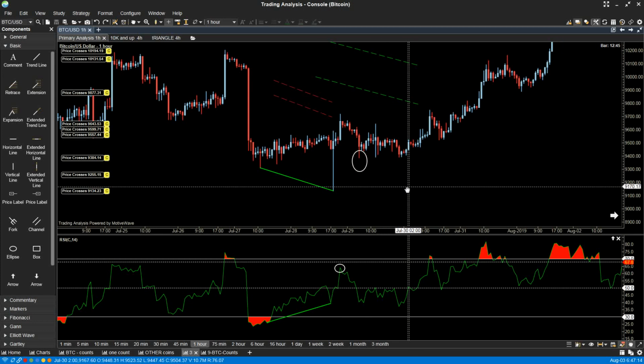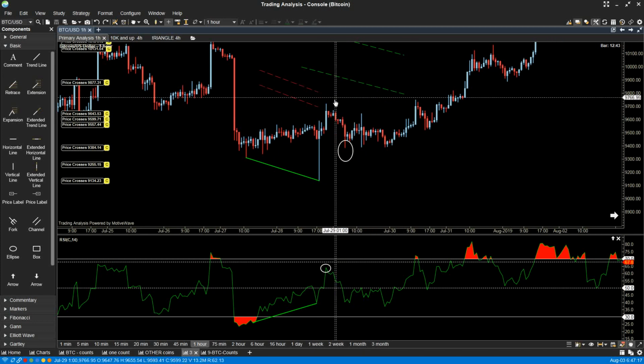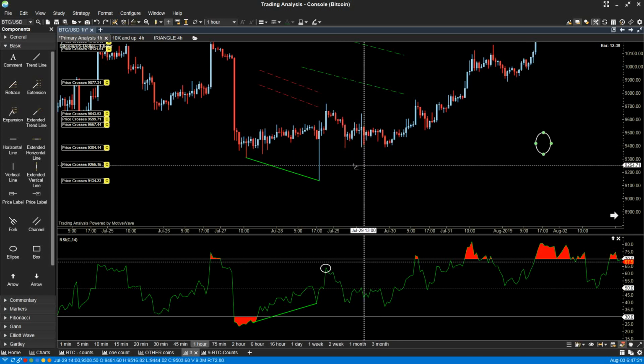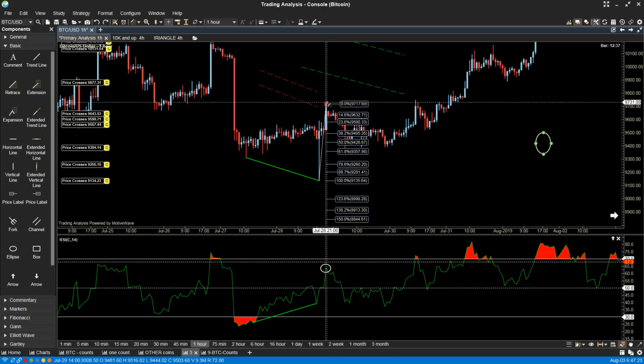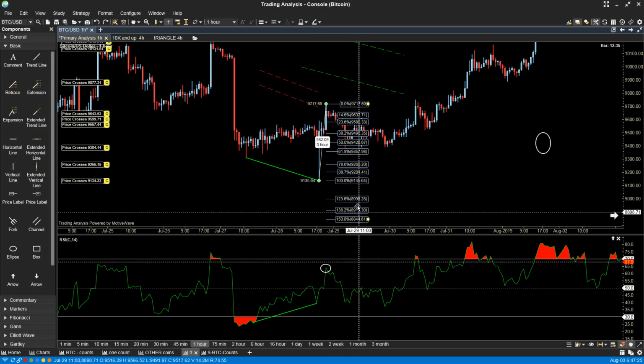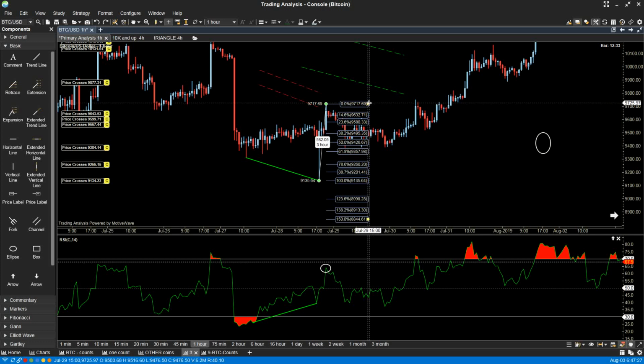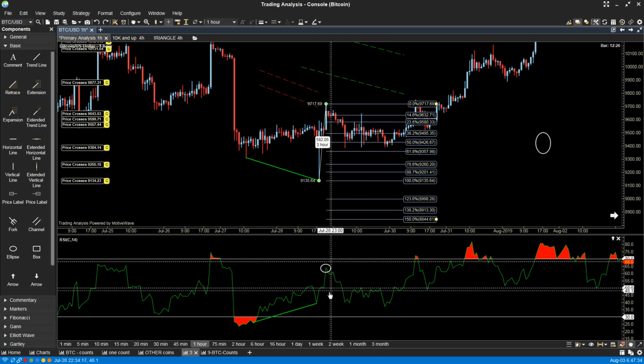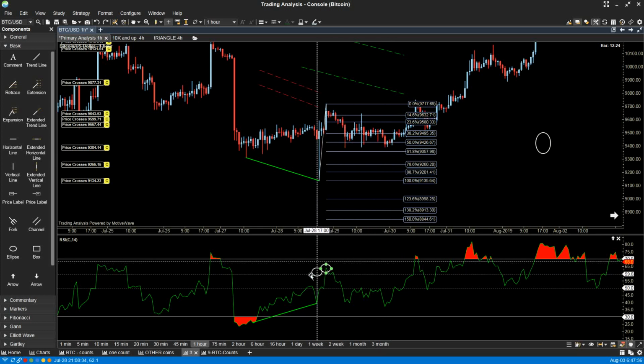Why did I know that? It's so simple. You bring your Fibonacci tool, and this is the swing high. The market went down and it corrected between 50% and 61.8%. It could not go down, but look at the RSI. What happened?